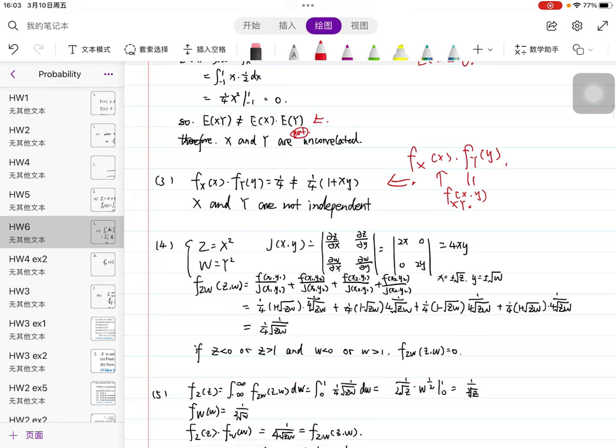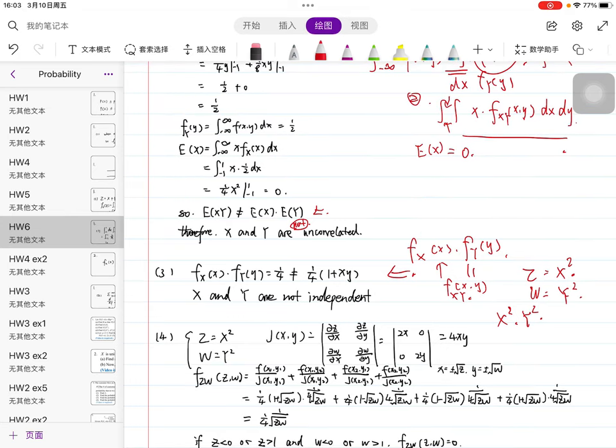For the next question, we are going to find the joint density function of X squared and Y squared. So we can define two new variables: Z equals X to the power of 2, and W equals Y to the power of 2, and use the fundamental theorem for two random variables.